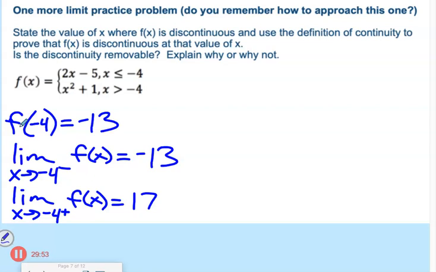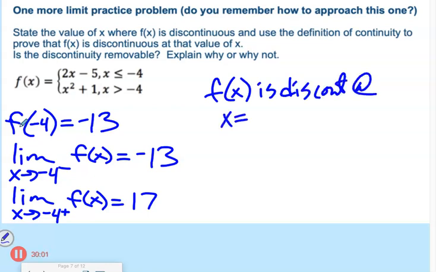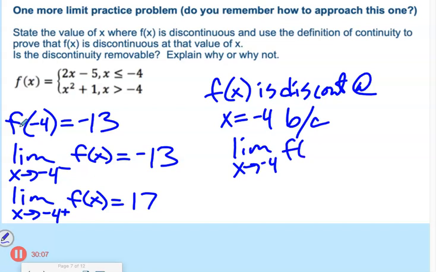So we would say f of x is discontinuous at x equals -4 because the limit does not exist. Good. So last two quick questions on this one. Zuhair, is our discontinuity removable or non-removable?